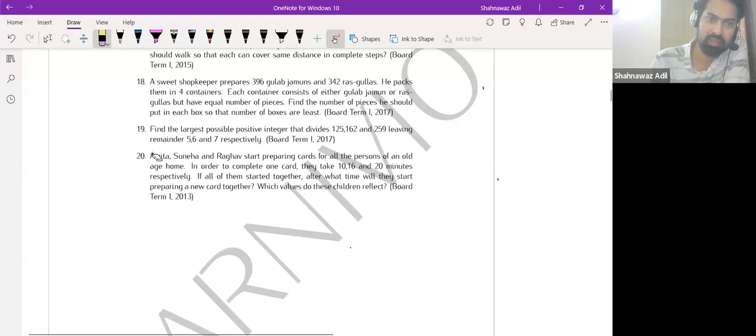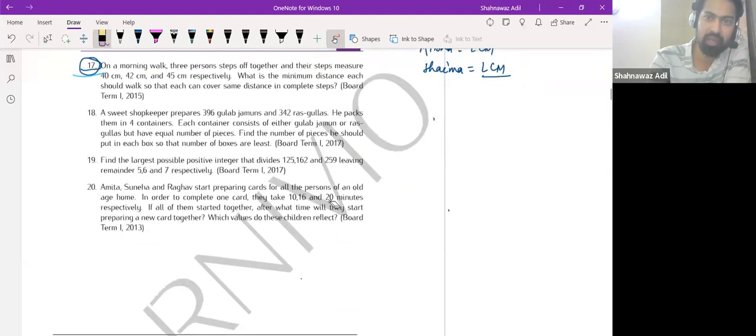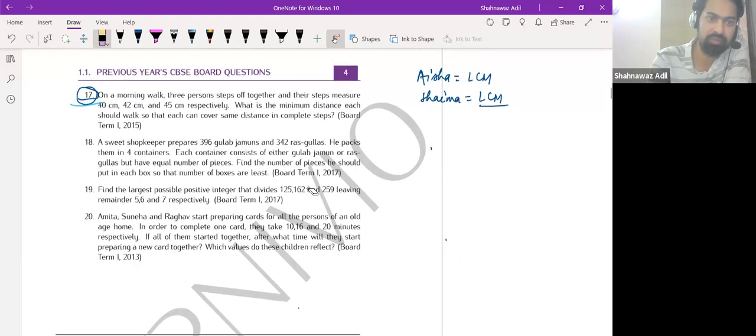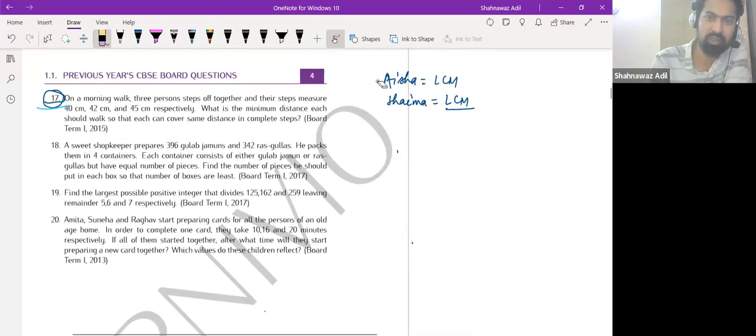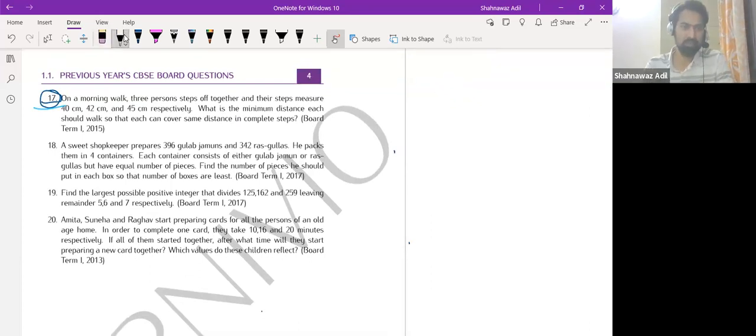Okay, so the next, there are only three questions, right? Let us do this 18th one. And what is it saying? So a shopkeeper prepares 396 gulab jamuns and 342 rasgullas.